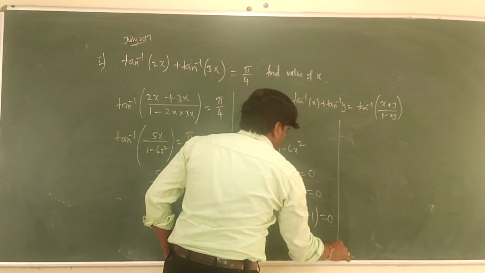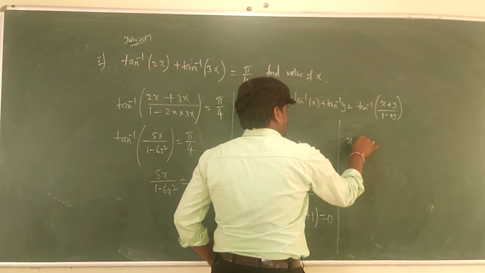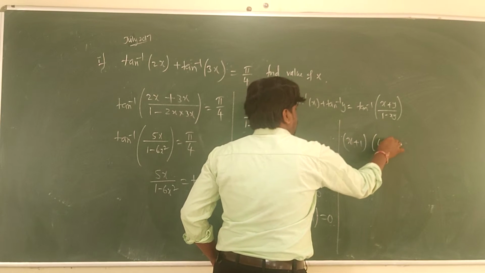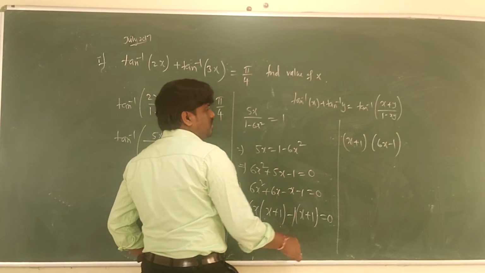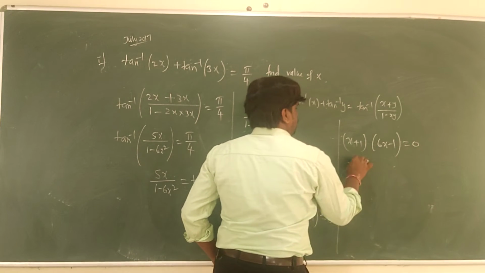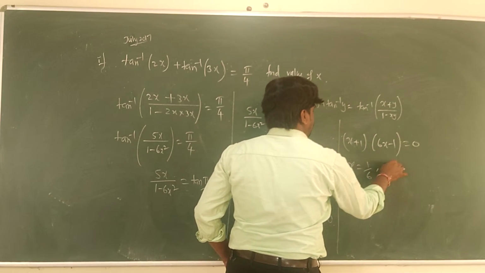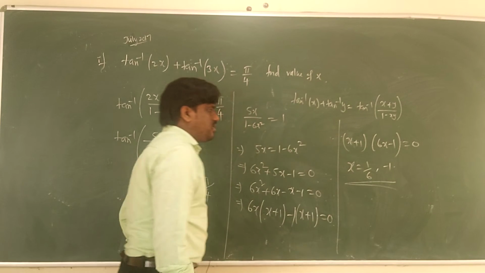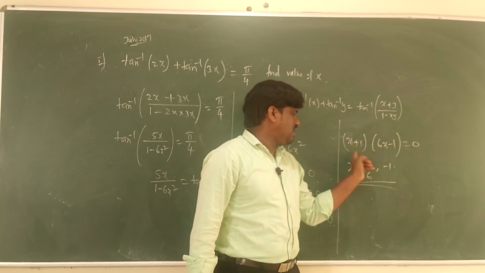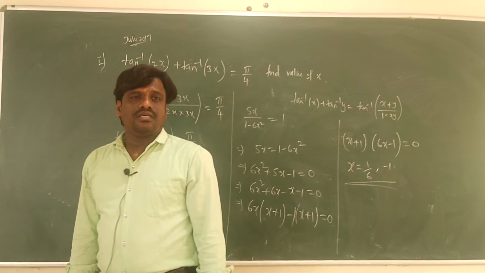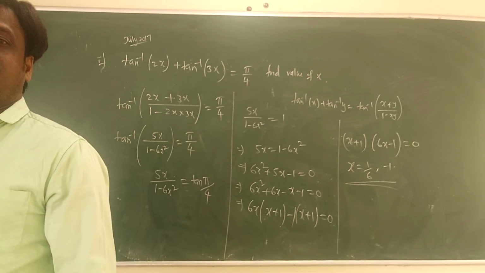I hope you know this factorization very well: x plus 1 into 6x minus 1 is equal to 0. If I take this as 0, x is equal to minus 1. If I take the other as 0, x is equal to 1 by 6. So the value of x is minus 1 comma 1 by 6.